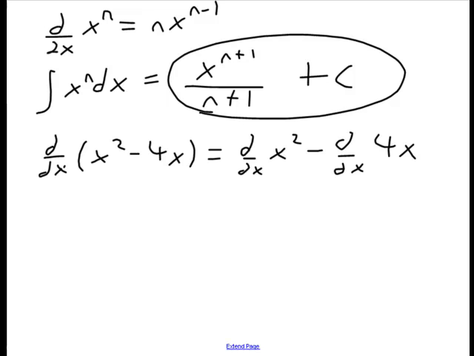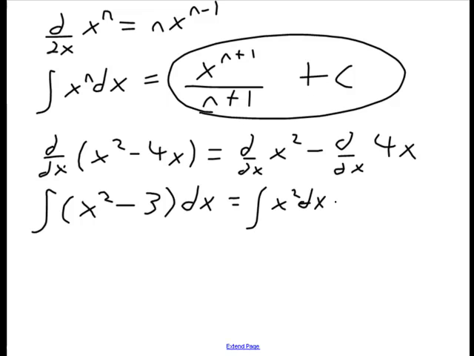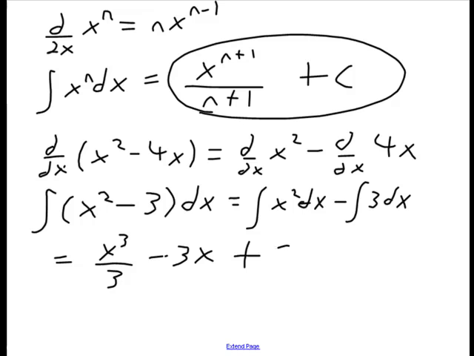So if, for instance, we have the integral of x squared minus 3 dx, we can split that into the integral of x squared dx minus the integral of 3 dx. And that will simply be x to the third over 3, because we add 1 to the power and divide by the new power, minus 3x, because 3 is really x to the 0. That becomes x to the first divided by 1, plus some arbitrary constant c.